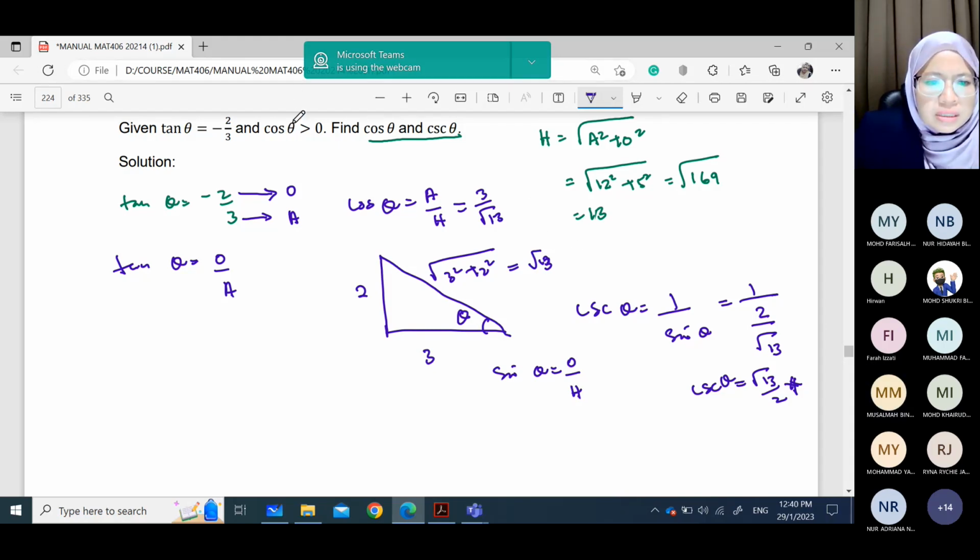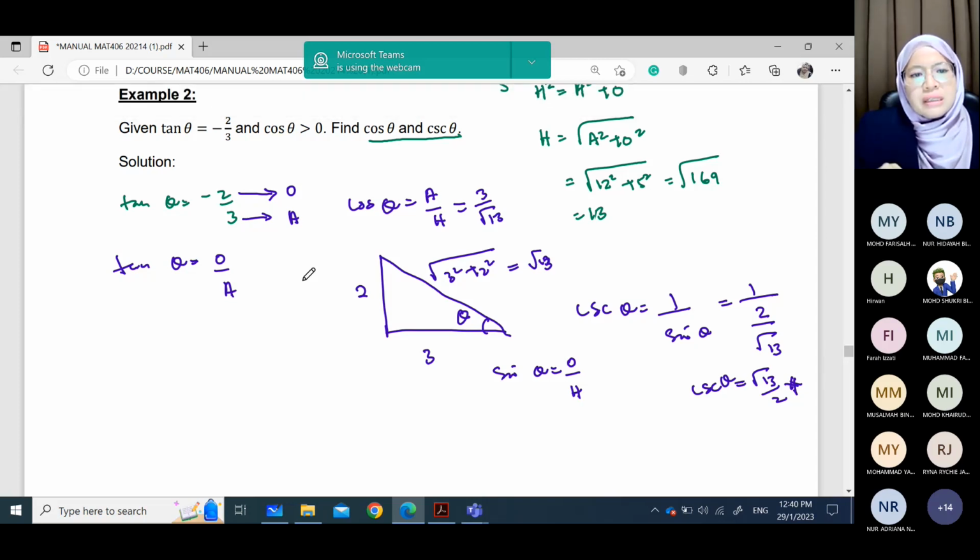Alright, so ini sebab dia kata cosine theta is greater than 0 kan? Jadi negatif ni kita boleh abaikan. So negatif tu adalah dia punya position. Macam tadi kita ada 120 degrees and we have negative 120 degrees. So the position is different, tapi dia punya angle adalah sama. Position dia sama ada sebelah kiri ataupun sebelah kanan.